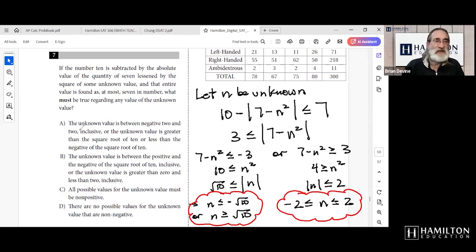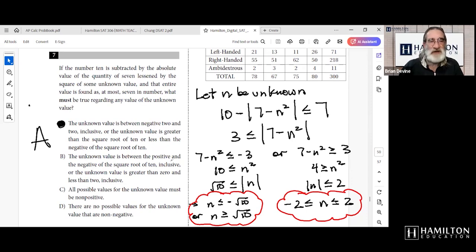So I go over the answers. The unknown value is between -2 and 2 inclusive, or the unknown value is greater than square root of 10, or less than negative square root of 10. So it has to be A, because that's exactly what we came up with.